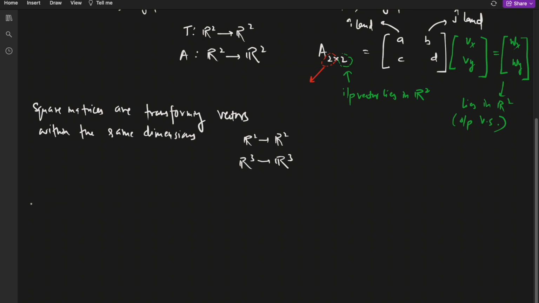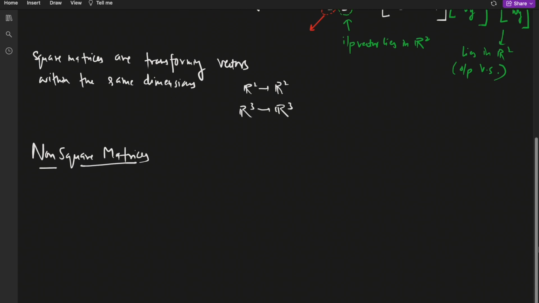So for example, I will introduce non-square matrices. Let us suppose I have this non-square matrix with entries 1, 2, 3 and 0, 1, 2. This is 3 cross 2.